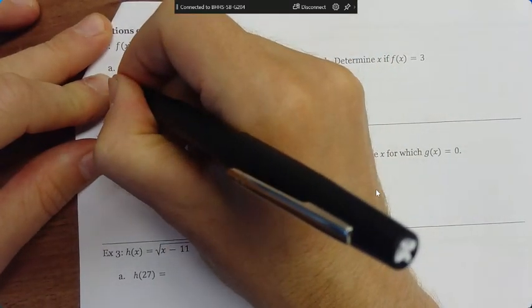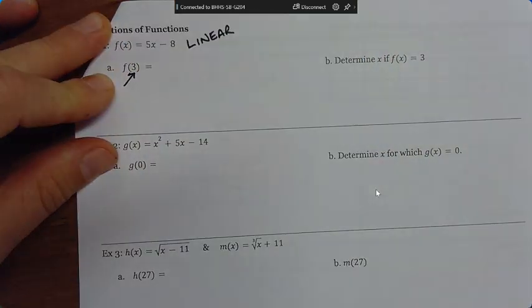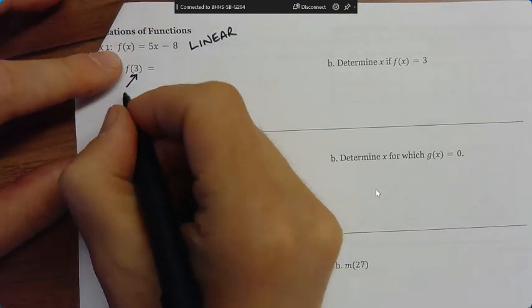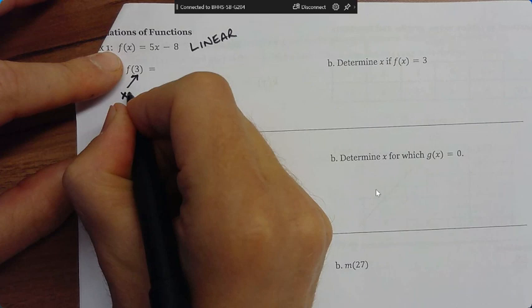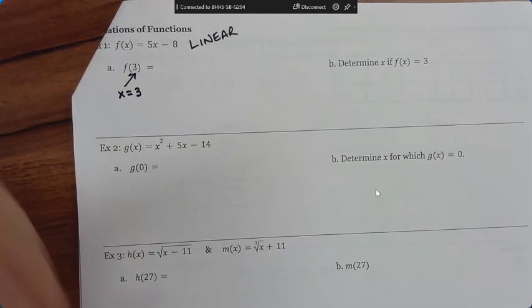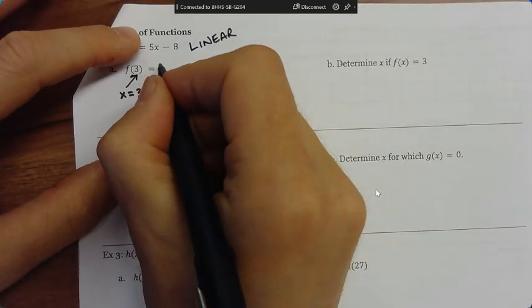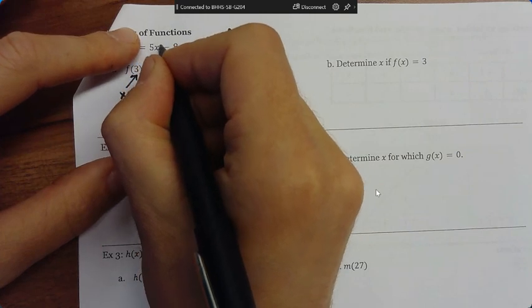When it says f and then the parentheses and then 3, you read this as f of 3. And this is saying your x value is 3. What's the y value that's going to go with it? You guys have heard this before. So all you need to do is say, well, I'm going to plug x in right there.